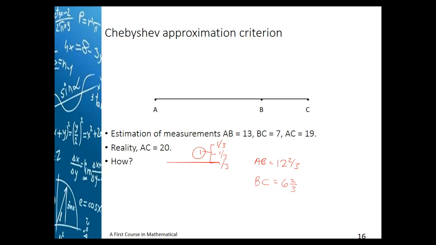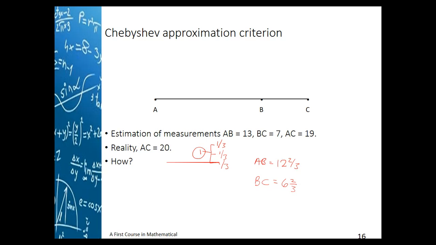But what about AC? Will your AC become 17 or 18 2/3? Okay, but before you say yes, you have to remember, whatever happens, your AC must be equal to your AB plus BC.